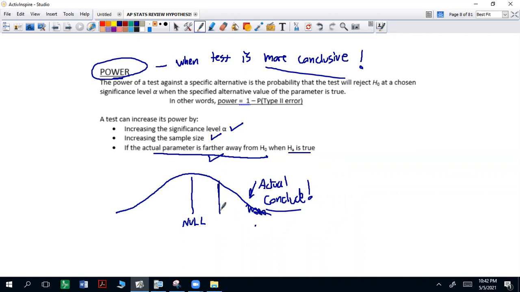But if it's closer here, it's not as powerful. So the further away it is, it's going to be a more powerful test. So don't get caught up over the formulas and stuff like that. It's not really that important. Just think about it in common sense wise. Bigger sample size always is better, right?